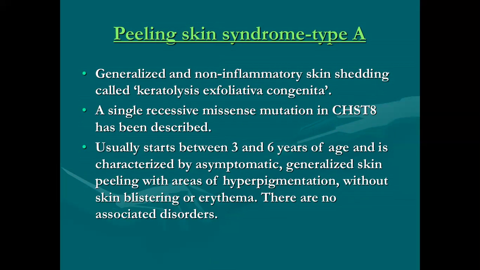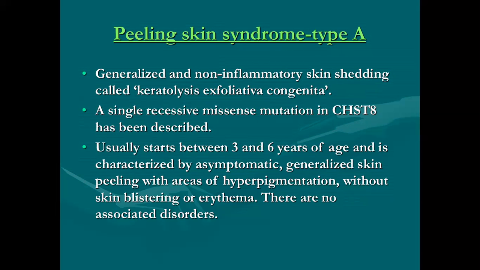Then the second syndrome, which is characterized by exfoliation, is peeling skin syndrome type A. It is characterized by generalized and non-inflammatory skin shedding, which is called keratolysis exfoliativa congenita. There is a single recessive missense mutation in CHST8.